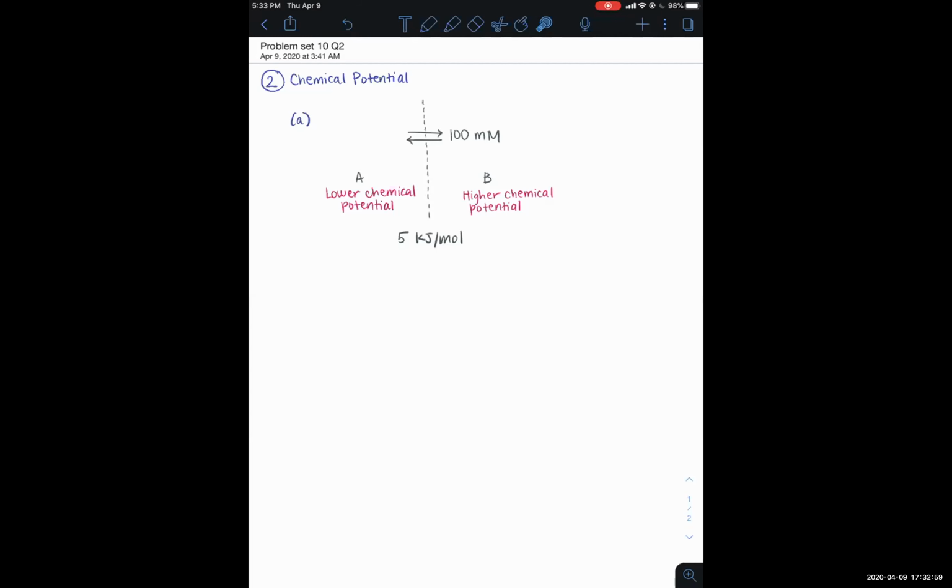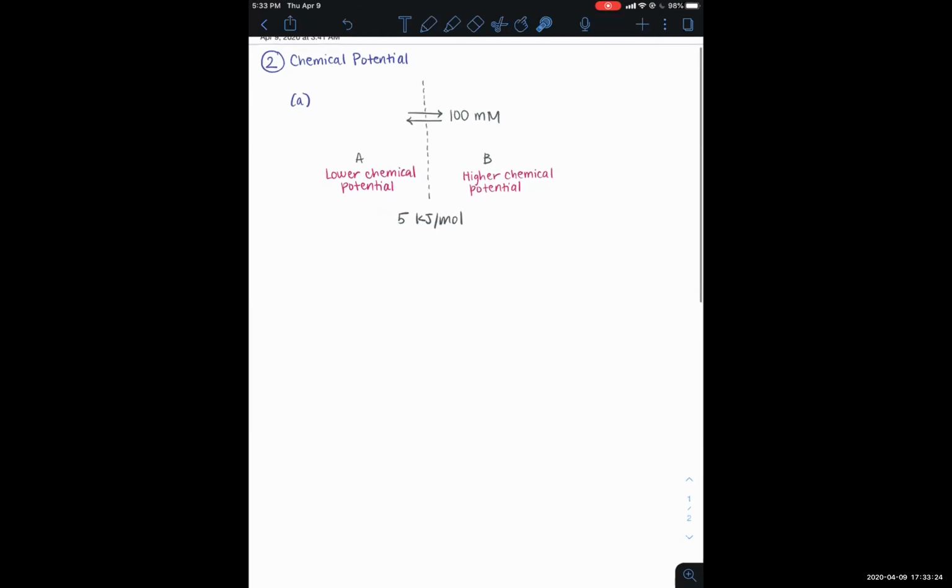Now, in this case, we don't actually know the exact concentrations of region A, but we are given that region B has a higher chemical potential. And so we can assume that the concentration in region B is higher than that of region A before they equilibrate.